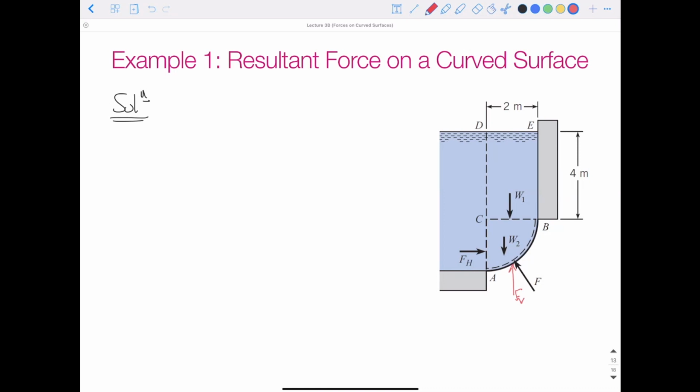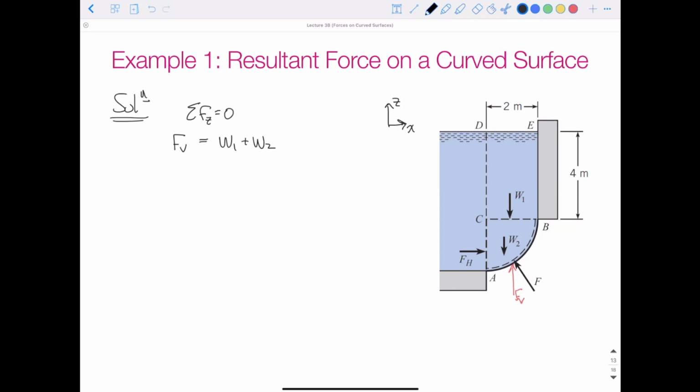We need to balance the forces in the y direction or the z direction. Let's draw our coordinates x and z. So we do sum of the forces in the z direction equal to 0. So we have V pointing upwards, and then on the other side of the equal sign we'll have weight 1 and weight 2.